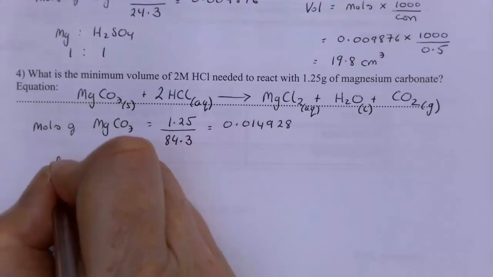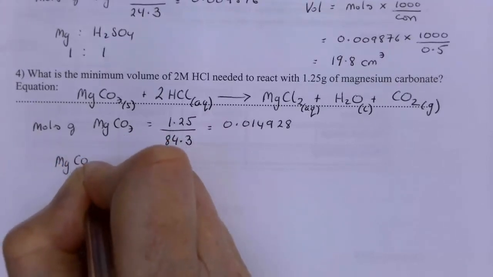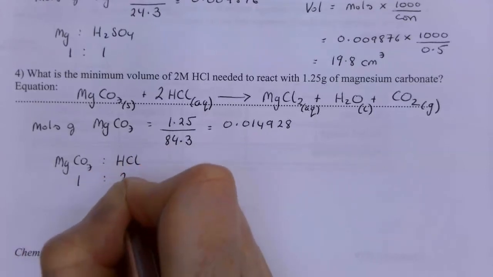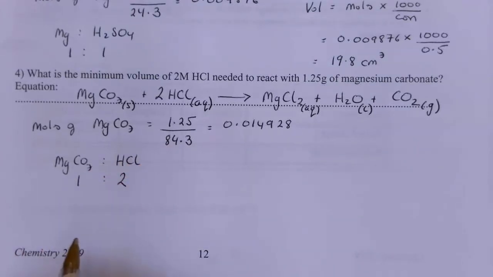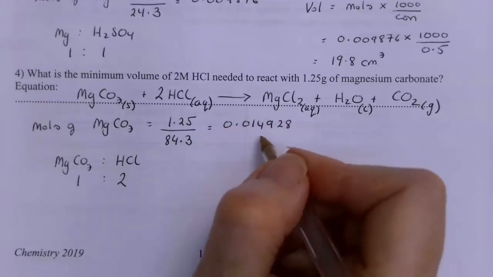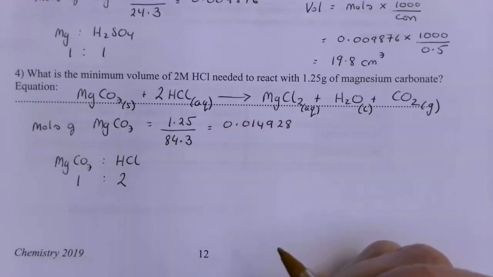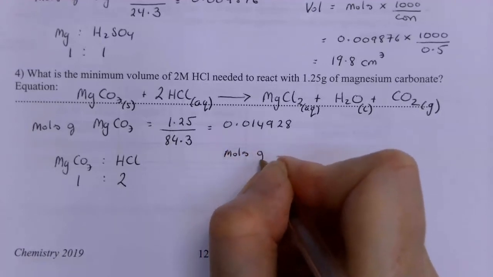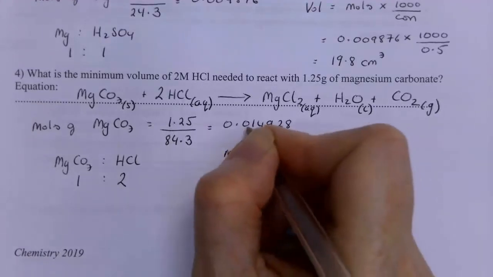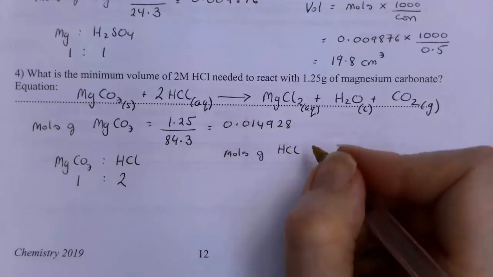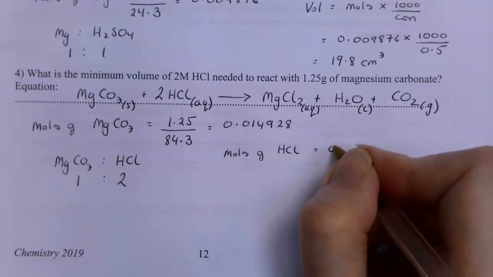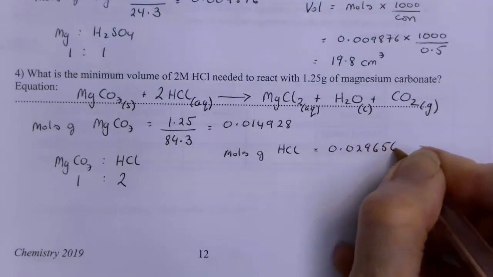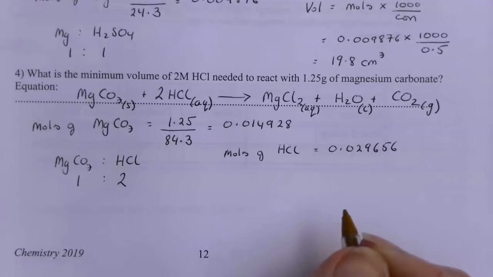The ratio between the magnesium carbonate and the HCl is a 1 to 2 molar ratio. So I'm going to need twice the number of moles of HCl as I've got magnesium carbonate. So the moles of HCl is twice this number, so that's equal to 0.029656. Again, keeping that number in my calculator.